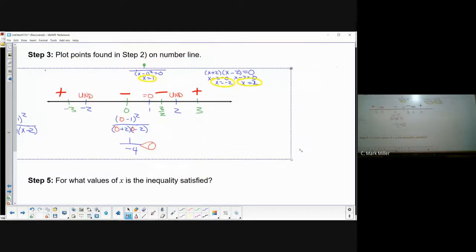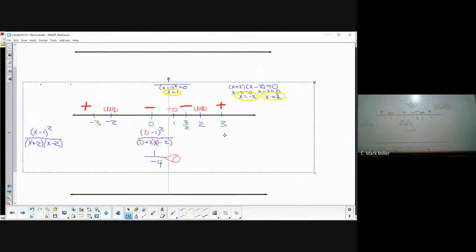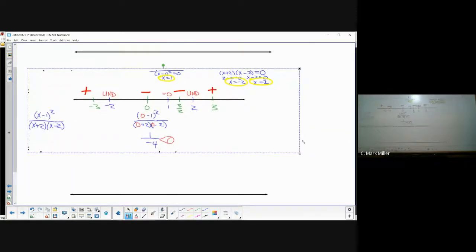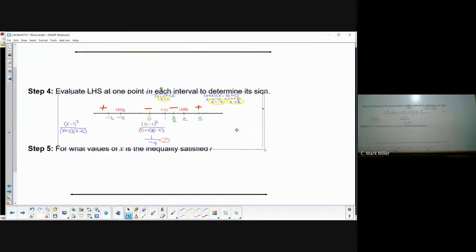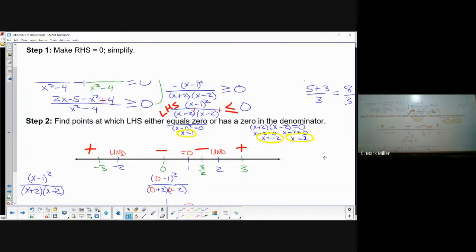That is actually here. All right. We evaluate that at one point in each interval. Where is the inequality satisfied? This crash came at a really bad time.